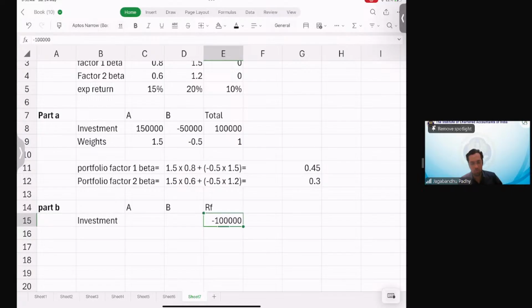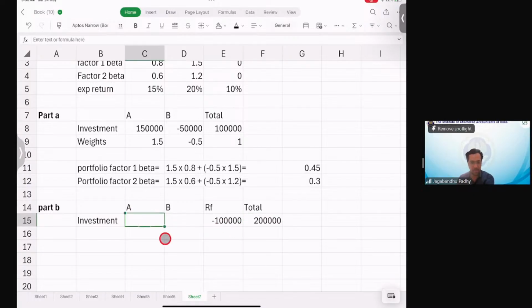Now the total amount is going to be invested in A and B. So when you earlier had only 1 lakh, now it is going to be 2 lakh, right? So obviously the numbers are going to be double of everything.